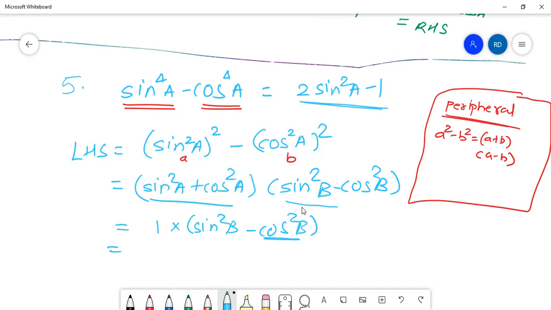Now in the given RHS, we cannot see cos square A, right? So you have to convert that into sine square itself, because 2 sine square is written in the RHS. Let's see.